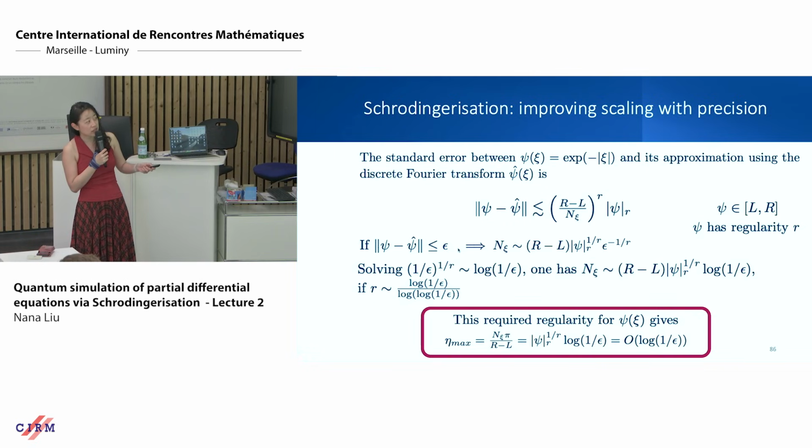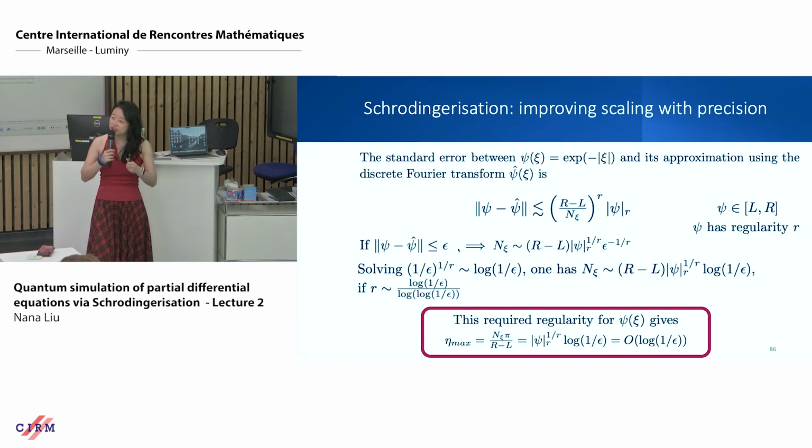Now, if we want the scaling to go as log 1 over epsilon instead of just 1 over epsilon, then this means that our n has to be a function of log 1 over epsilon. And this means that R should scale like this in terms of 1 over epsilon.